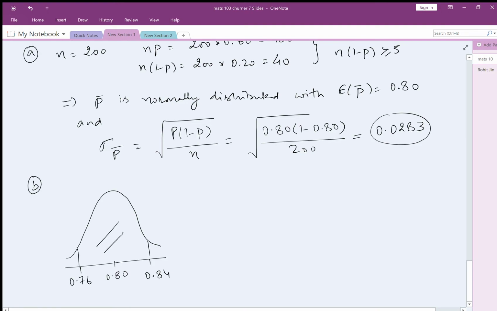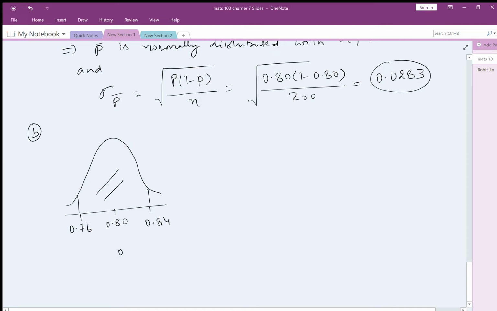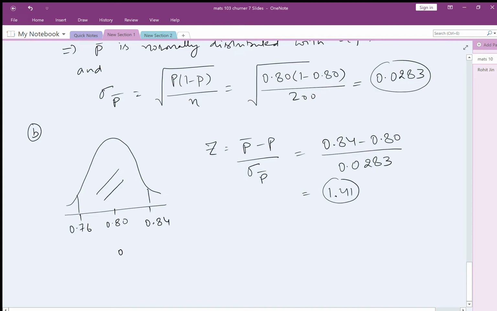Obviously we need to find the z-scores. z is equal to p bar minus p divided by the standard error, which we've already found. So this is 0.84 minus 0.80 divided by 0.0283. If you solve this, you get 1.41. So these are the z-scores, 1.41 and negative 1.41.